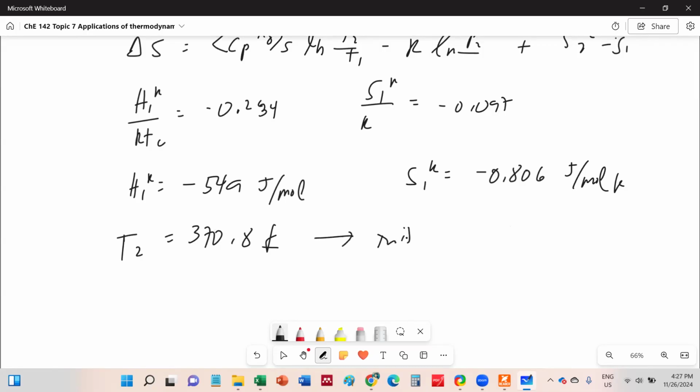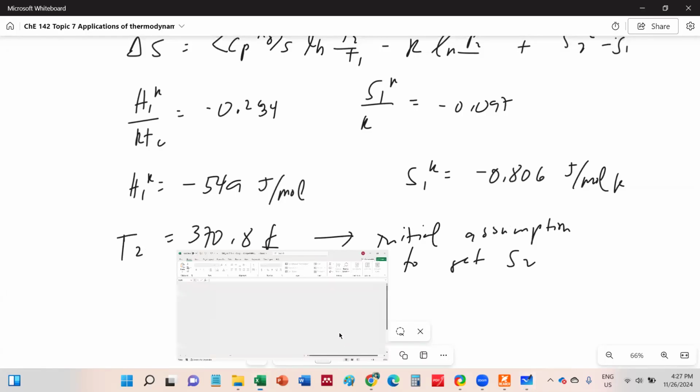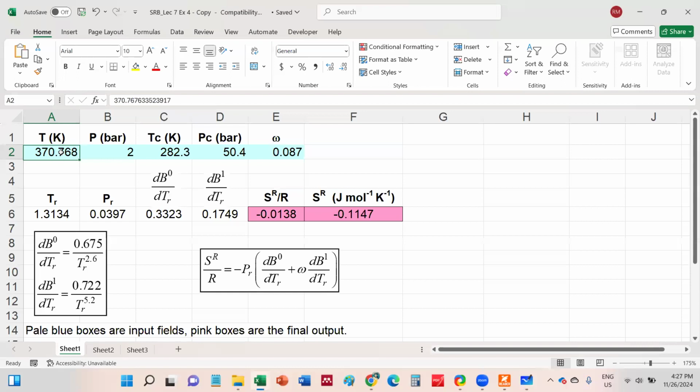So this is the initial assumption to get S2. Let's try to calculate S2 using this initial condition. We use this. Here, the outlet initial is just a guess. This is not the actual temperature, T2. So this is the guess temperature, and this is our pressure at the outlet.